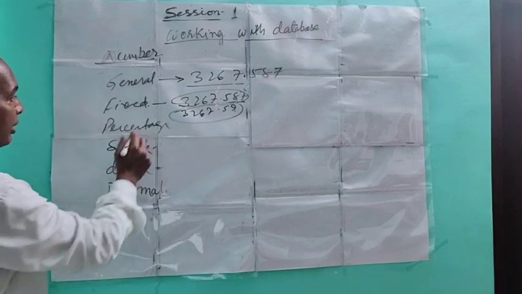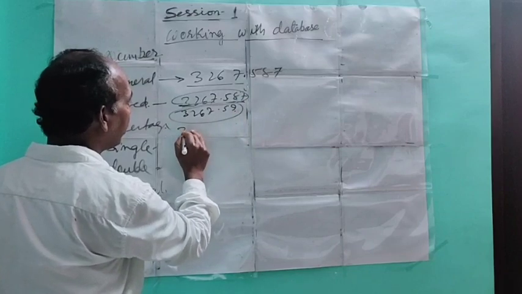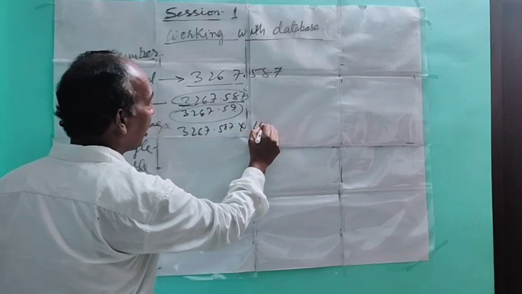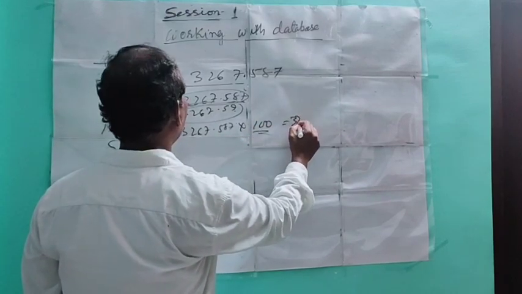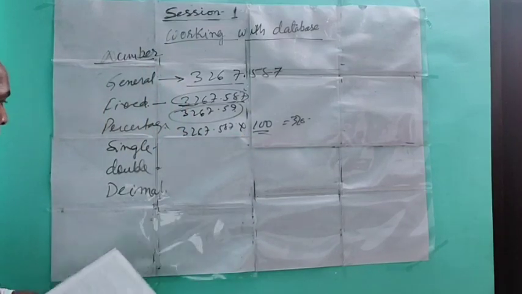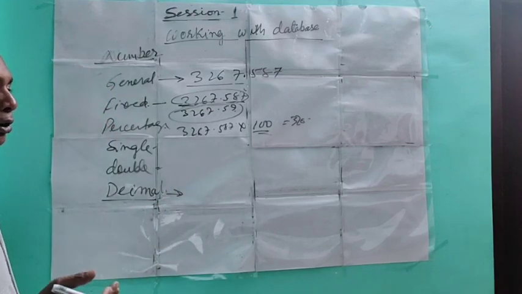Percentage. When you use percentage, whatever number you use, it will be multiplied by 100. 3267.587 multiplied by 100, automatically you will get the percentage value. Decimal place: how many decimals do you need?